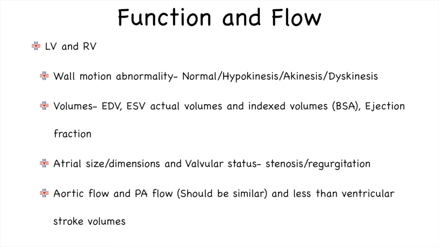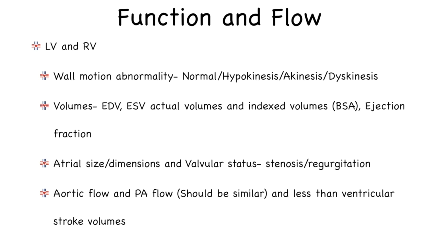Volumetric assessment of ventricles is very, very important and should be done in every cardiac MR case. End diastolic volume and end systolic volumes, both the actual volumes and the indexed volumes, should be provided along with the ejection fraction.